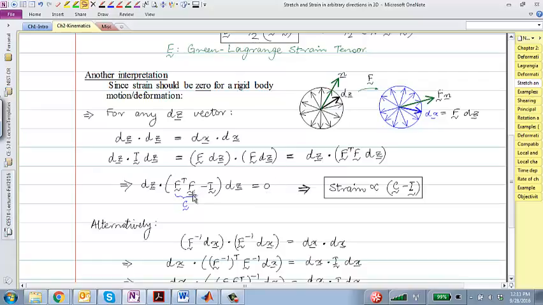Scalar, because a tensor acting on a vector gives me a vector, and a dot product with a vector should give me a scalar. So this quantity in the parenthesis, C minus I, acts on any undeformed tangent vector, dot with the same tangent vector. What is this entire thing on the left hand side? Can you tell me? Or maybe what is this entire quantity on the right hand side?